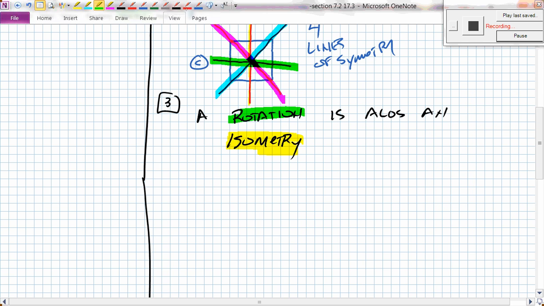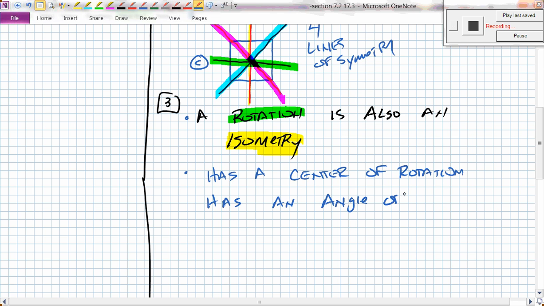So a rotation is an isometry, and it has two important things: a center of rotation and an angle of rotation.